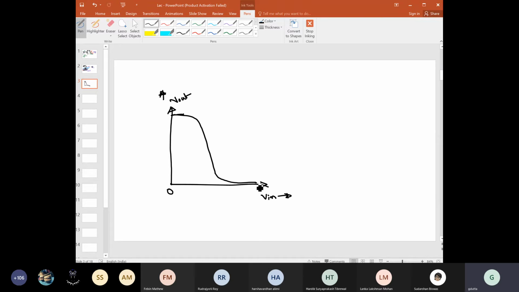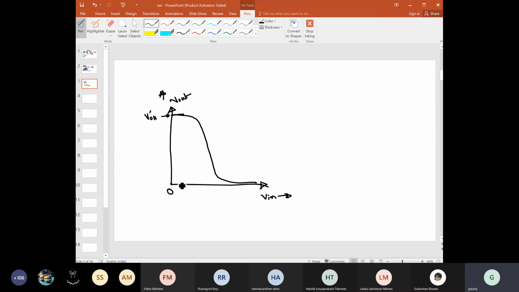Now here a few points. This is the highest voltage that we get from a particular inverter design. If we say that voltage is VOH dash, the notation is V output high, dash.